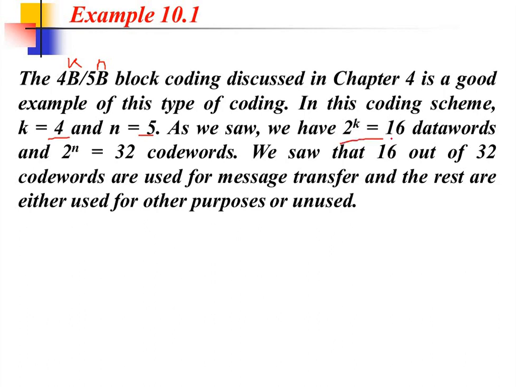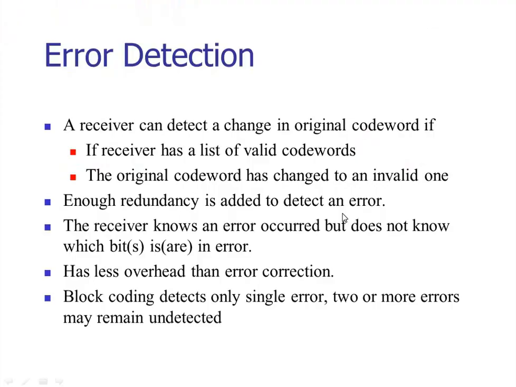So 2 raised to k, the 16 data words, I can generate, and 2 raised to n, that is 32 code words, I can generate. So 16 out of 32 are valid and the others are not utilized at all.